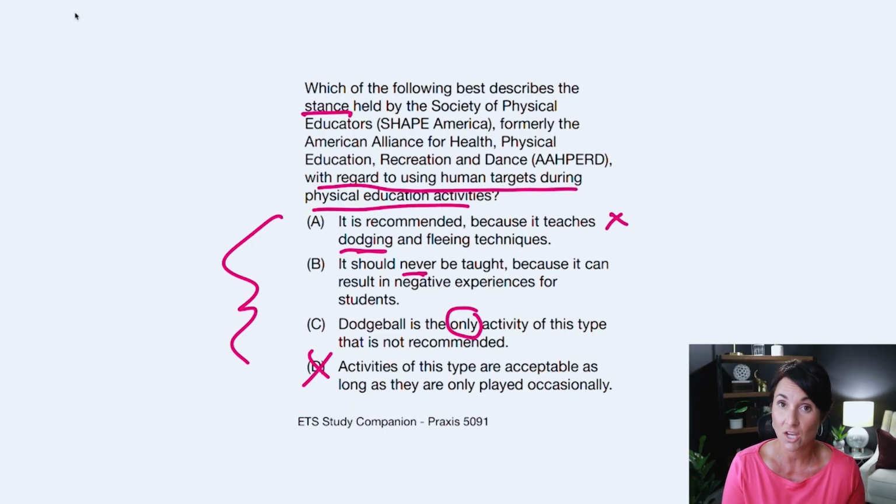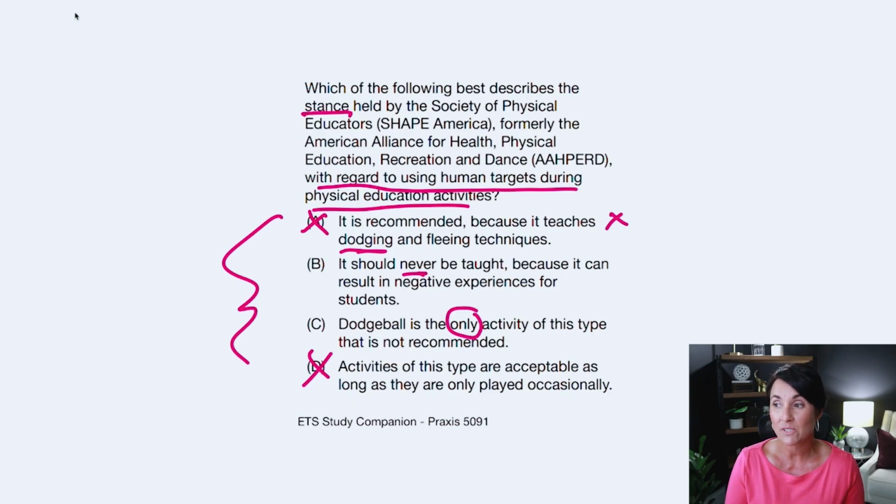Human targets like dodgeball or anything else. I would say using human targets is a bad thing in any situation. So A, it is recommended because it teaches dodging and fleeing. No, it's traumatic. You can traumatize students. So let's cross A off.